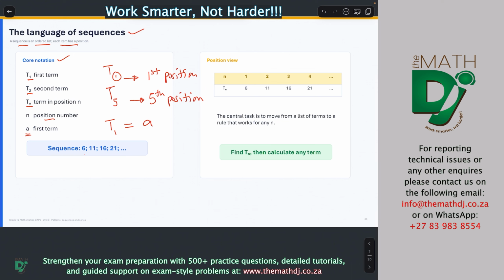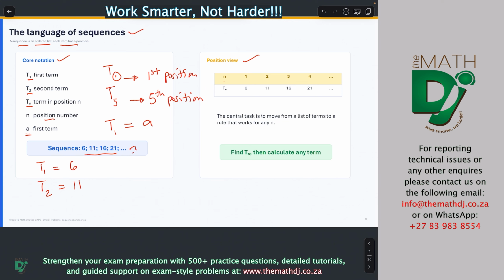So looking at the sequence example given below, we can say T1 is equal to 6, T2 is equal to 11, right? The nth term is a term in this sequence. Then we're going to look at the position view. It's another way of illustrating it.